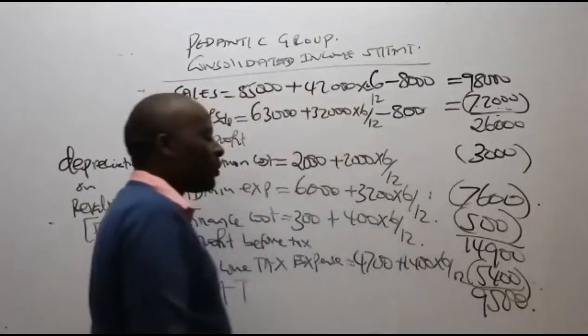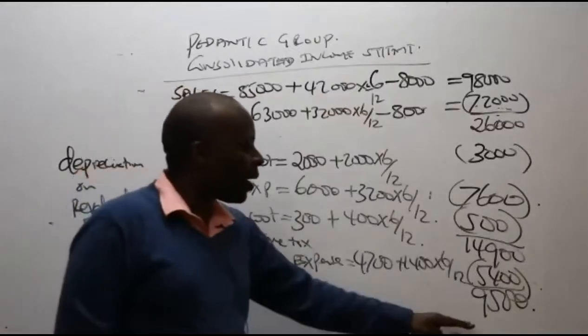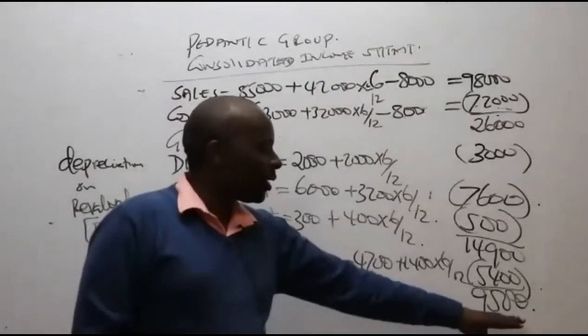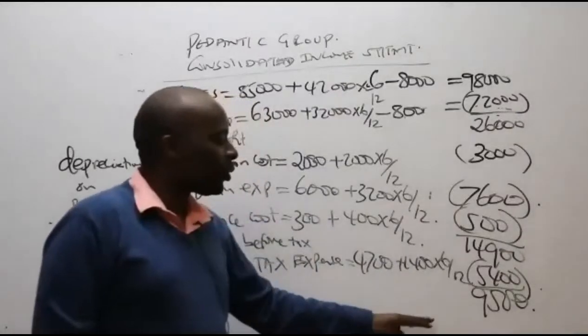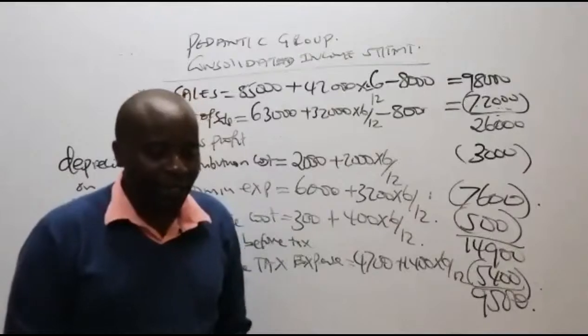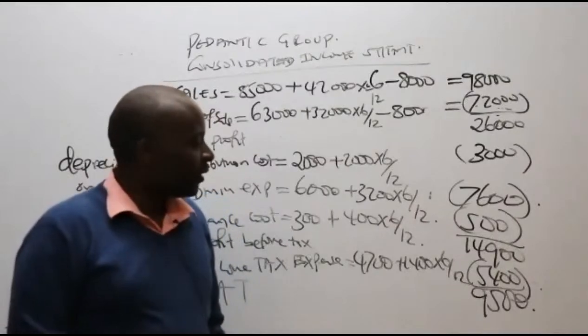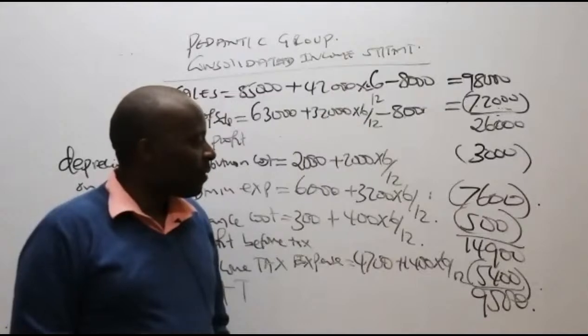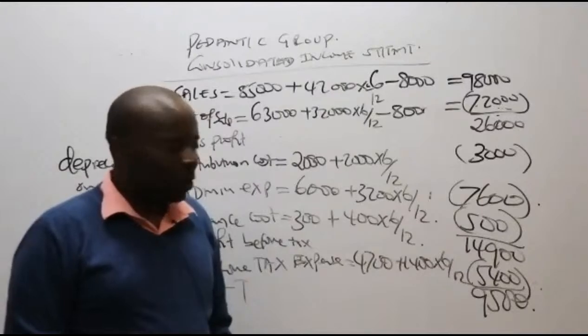Sasa utapata mwanafunzi mwenye ajui AFR ataanza kugawa ati what is attributable to the parent, what is attributable to haya. Ruben amepata 4900. Alipata 4900 wapi? Tax.